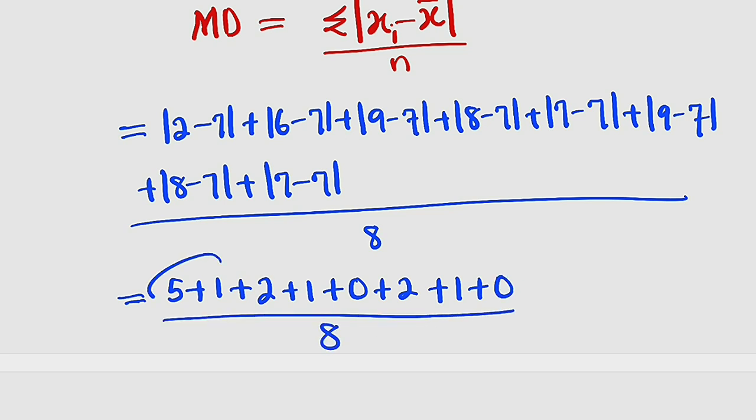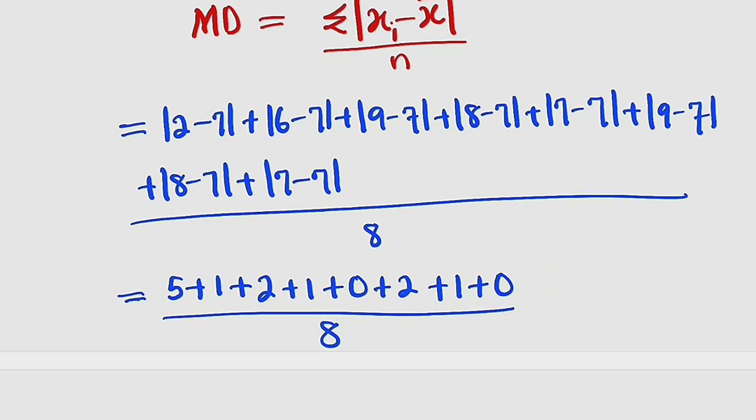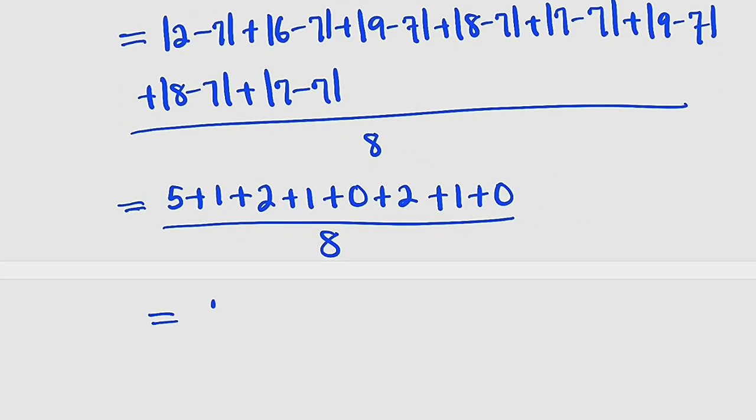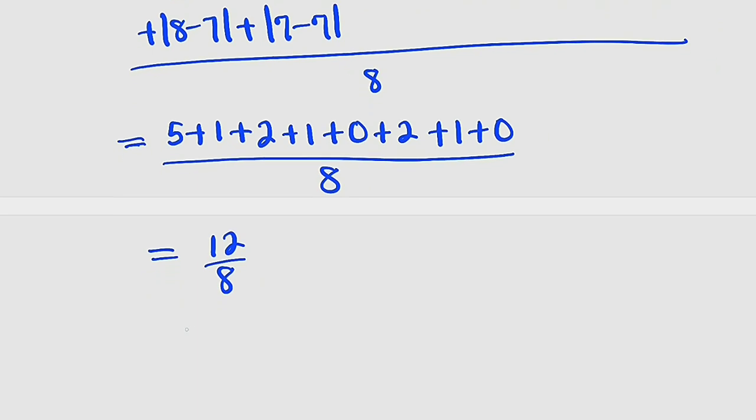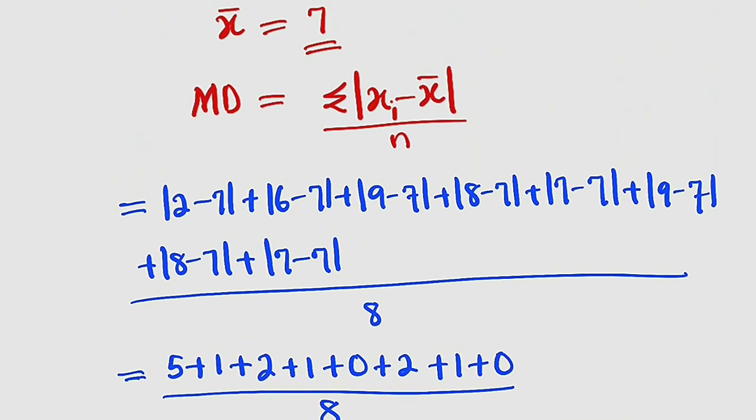And if you add all of these numbers together, you're going to get 12 divided by 8, and 12 divided by 8 is 1.5. So therefore the mean deviation is 1.5. We are done with the first part.